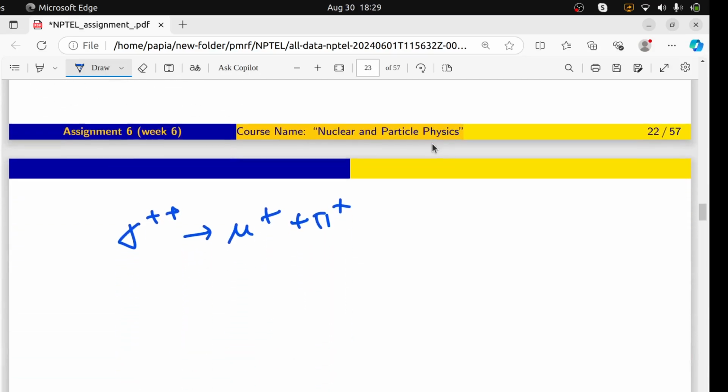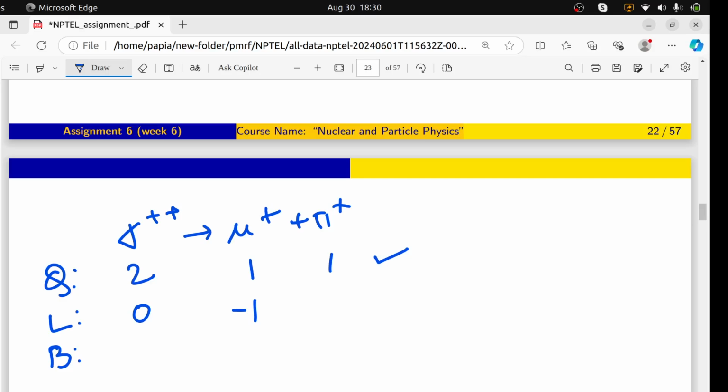For this case, as we all told, these three should be conserved in any case. So let me write here Q. Q is plus 2, 1, 1. Fine. L: this is not a lepton, but this is a lepton with minus 1 because it is mu plus. Mu minus will give lepton number plus 1, mu plus will give minus 1.